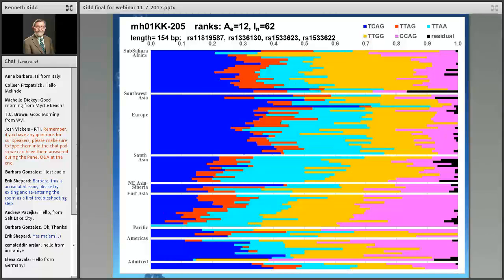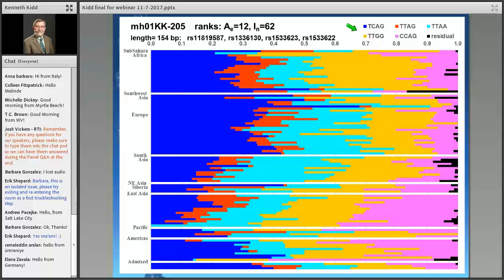So here, each row across represents the average haplotype frequency in that population, and they're simply grouped here by biogeographic region. This is a microhaplotype on chromosome 1, number 205 in our lab, KK. 154 base pairs involving 4 SNPs.